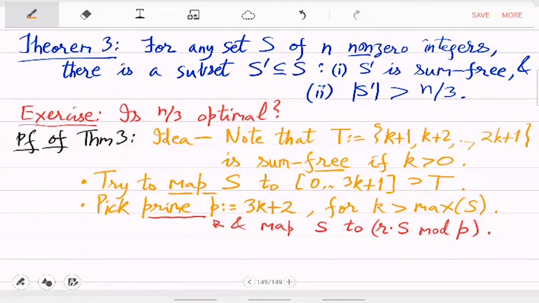We will use the prime number P to first multiply each element in S with a number R and then reduce modulo prime. So it will bring you back to 0 to 3k plus 1, the remainder.